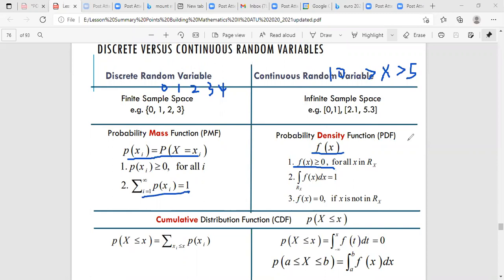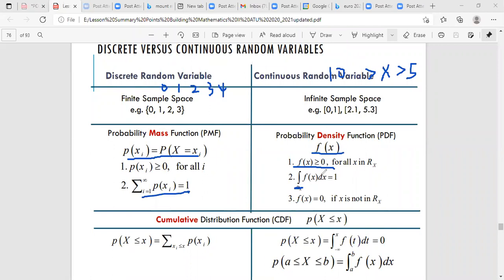Then the next point is the summation of P of X is always equal to 1. In the PDF case, it is integration, because integration is continuous summation. Last time I told you that when we are adding continuously, what we are doing is integrating. So you can see that the summation sign changes to integration here, and f of x is still the PDF.